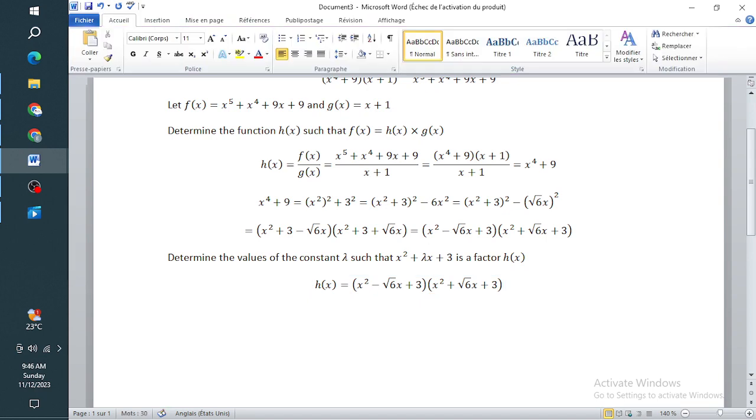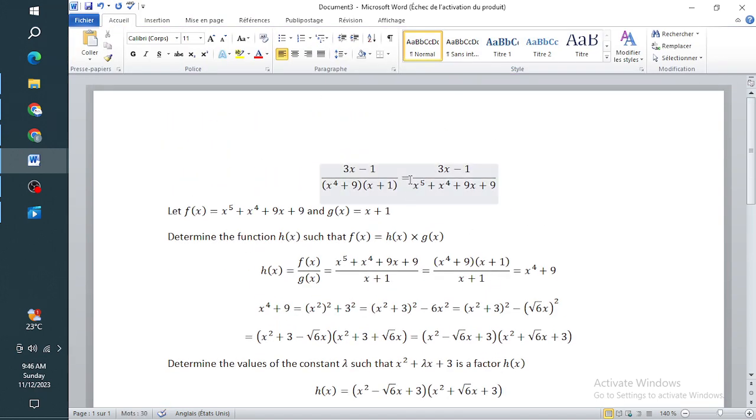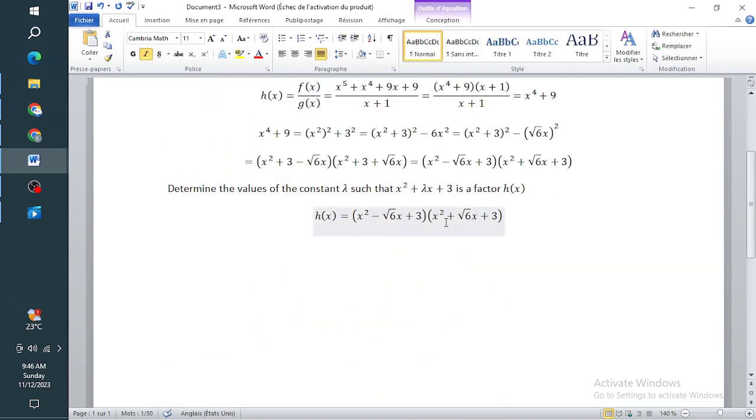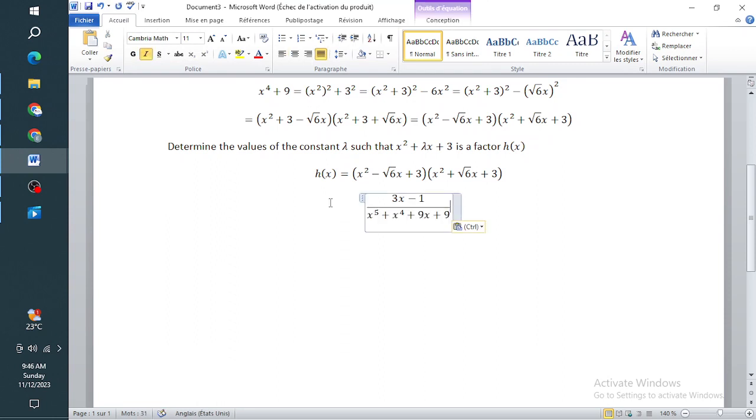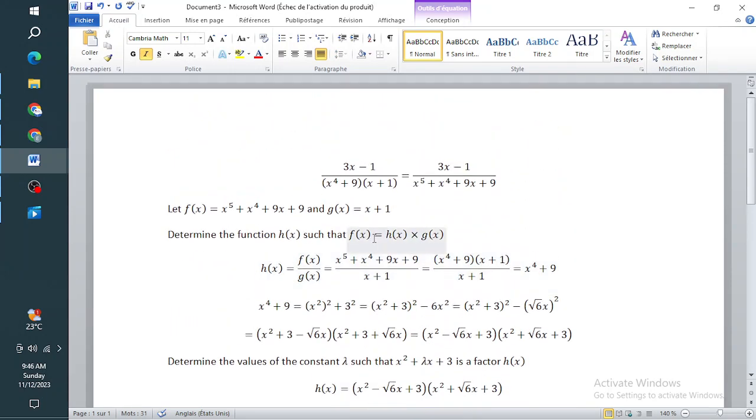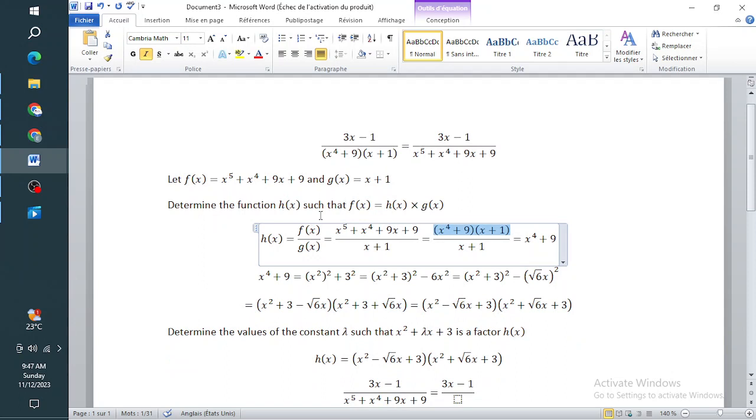Now at the end of the day, I can say this was actually the main aim of the equation: to resolve this into partial fractions. This is equal to 3x minus 1 divided by, now this denominator has been first of all factorized, because you clearly see that your f of x is h of x times g of x.